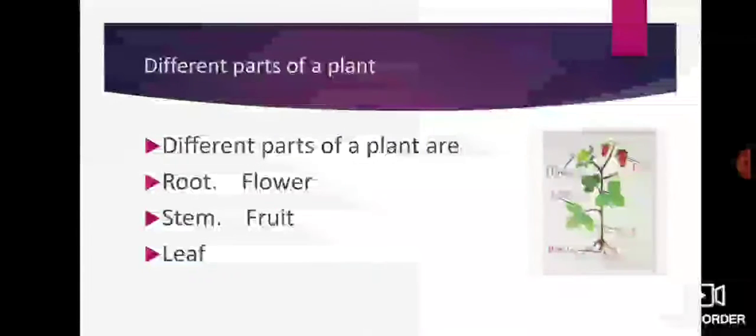At last, what is there? There is fruit. Fruit grows from the flower. And you have seen many seeds. Either one seed is in one fruit or many seeds are in one fruit.